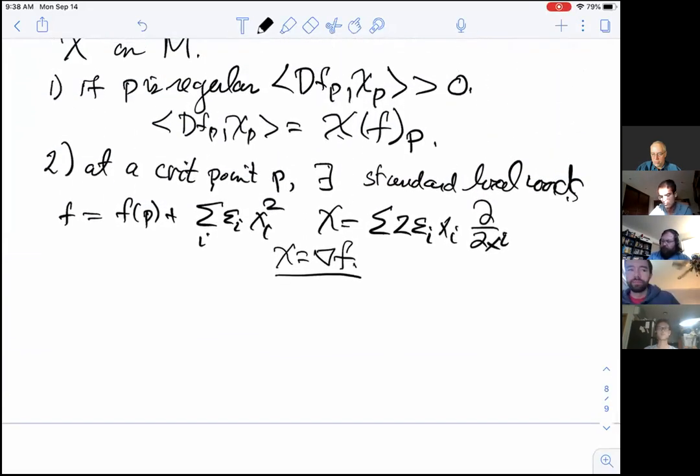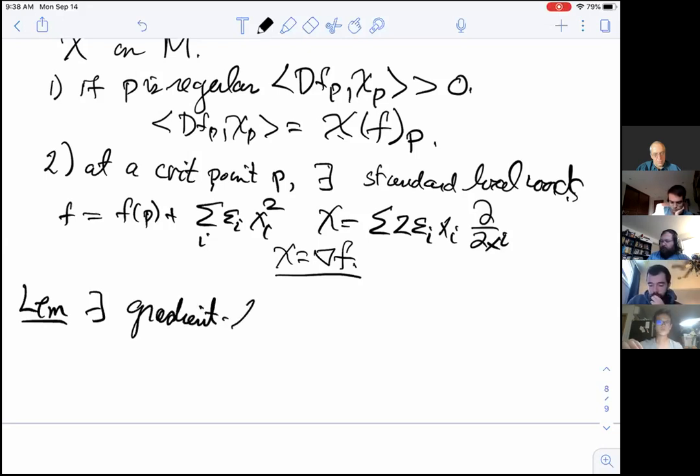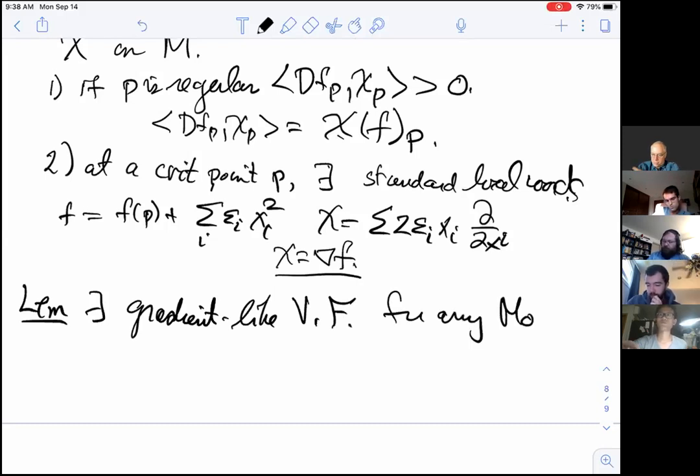Okay, and the first little lemma is that there exist gradient-like vector fields for any Morse function. That is to say, given a Morse function, there exists a gradient-like vector field for it.